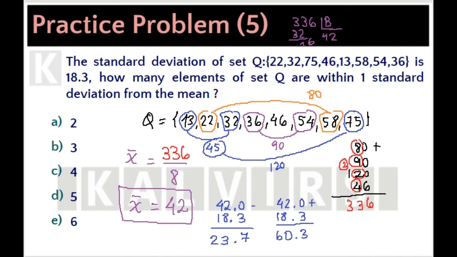So we need to find the numbers that lie within this range: 32, 36, 46, 54, and 58. 5 numbers are within one standard deviation from the mean. Choice D is correct.